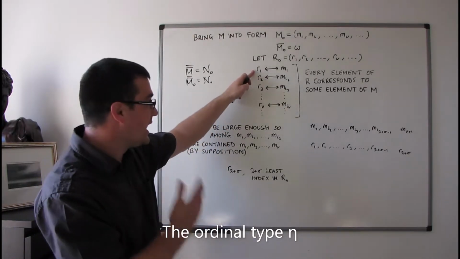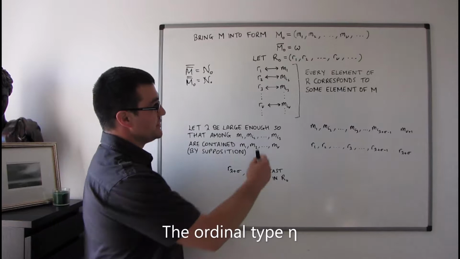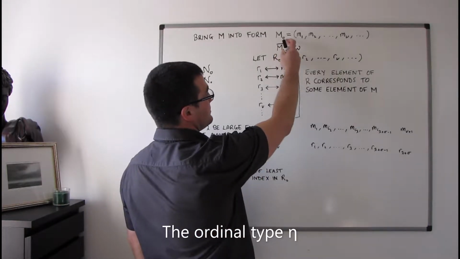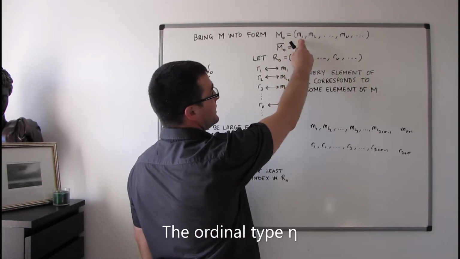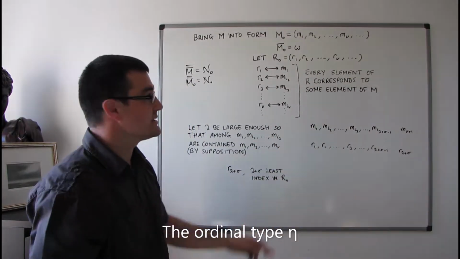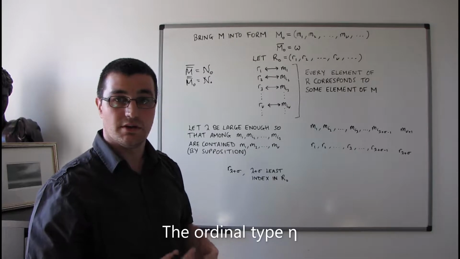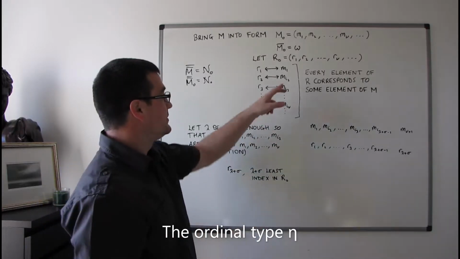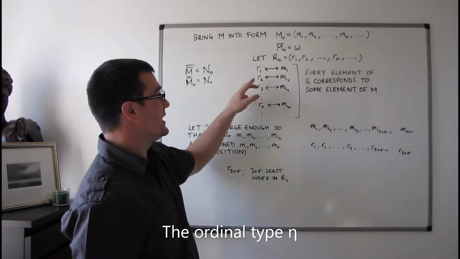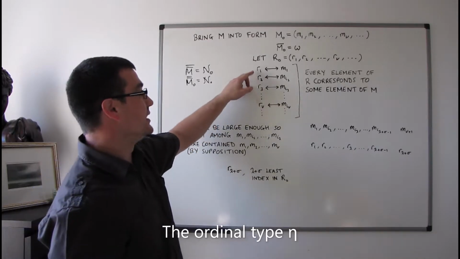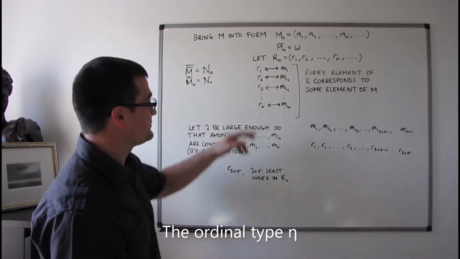So we go along from M1, and we find the least index, i2, such that M i2 has the same ordinal position in M relative to M1 as R2 has to R1 in R.